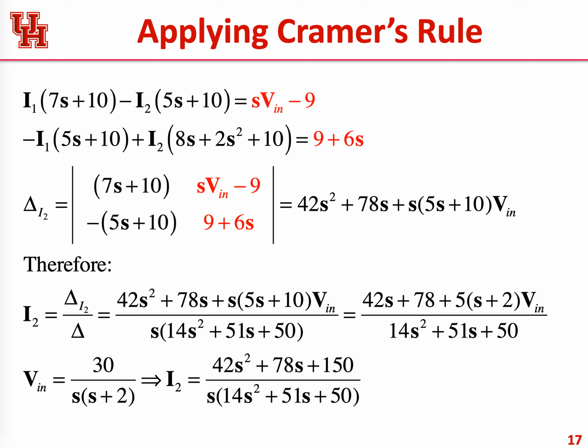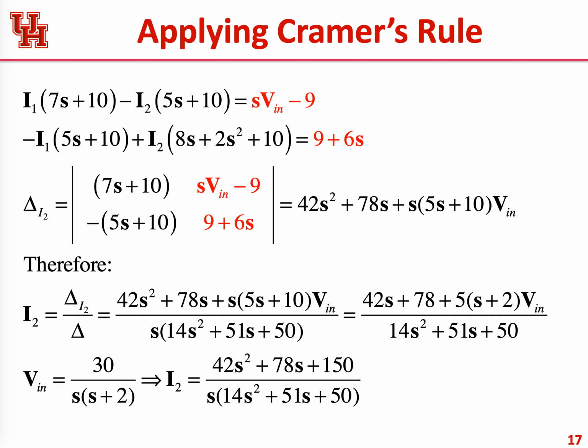So now we want to solve for I2, right? So if you want to solve for delta of I2, then we just need to replace these two columns with the input columns. So 7s plus 10 and minus 5s plus 10, and then we put s Vin minus 9 here, and then we put 9 plus 6s here, right?